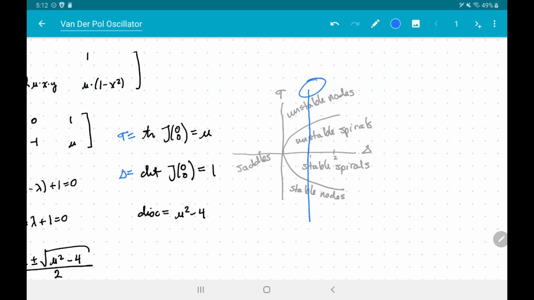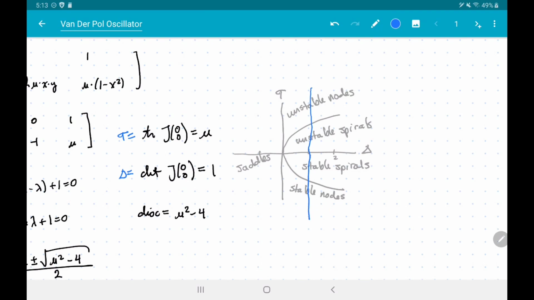So I've actually drawn this maybe a little bit too far. The discriminant will become negative. The trace does go all the way through. The discriminant is positive whenever mu is large enough. Okay, that's what I wanted to get to.